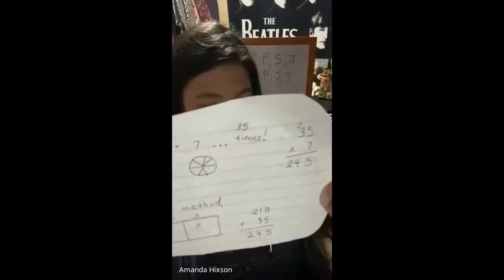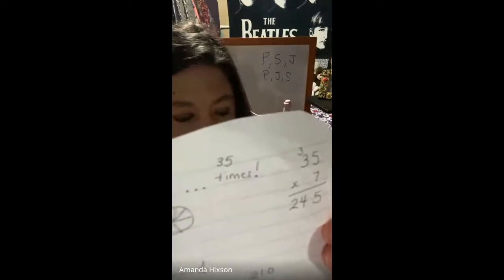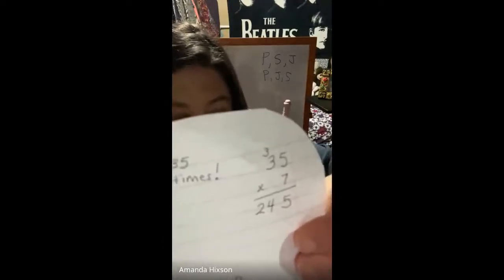What answer did you get, Jacob? 245. That's correct. I got the same. Demarian, did you get 245? Yeah. That's correct. This is the old-fashioned regular way.